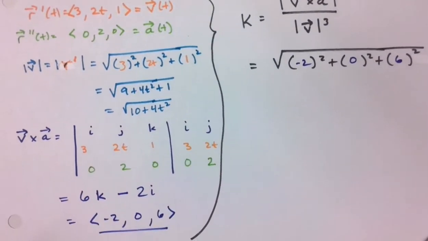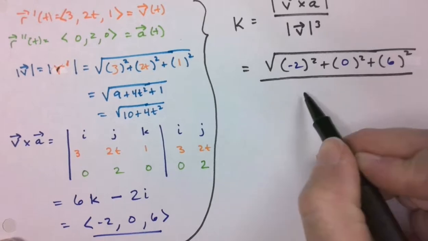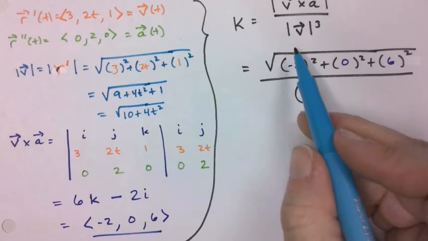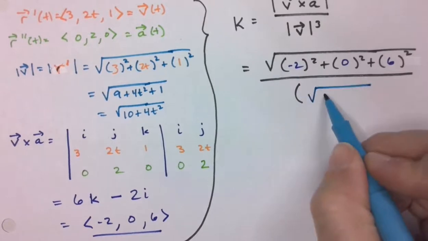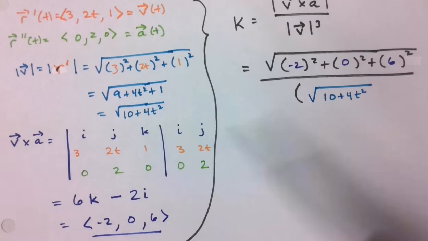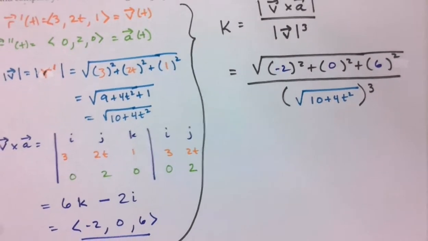That cross product, divided by, now I actually already found the magnitude of v, so that was kind of nice. So square root of 10 plus 4t squared. Otherwise you'd have to find it now in the kappa formulation, which is fine. I was just trying to get rid of a couple things.